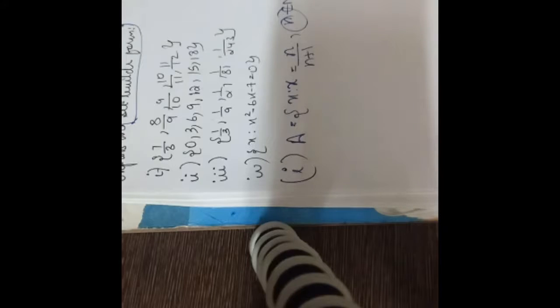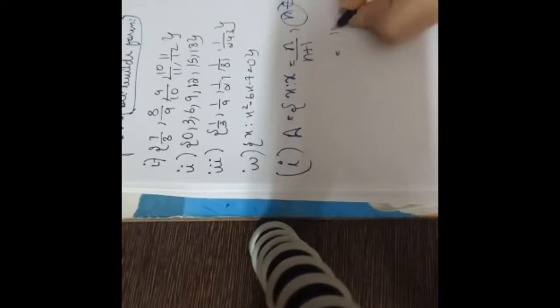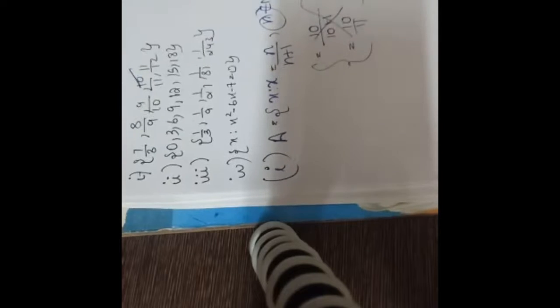See, if the natural number is less than or equal to 11, now let's say that it's 10. 10 by 10 plus 1, what will it give you? 10 by 11, and that's included in the set. So this is a very easy thing, very important thing, but again I'm telling you, don't write this in the exam. This is to be kept in your own mind for your understanding. You can make a rough column or as your teacher guides you.